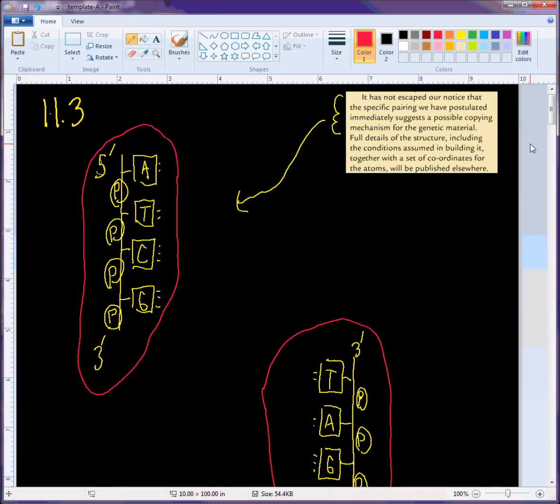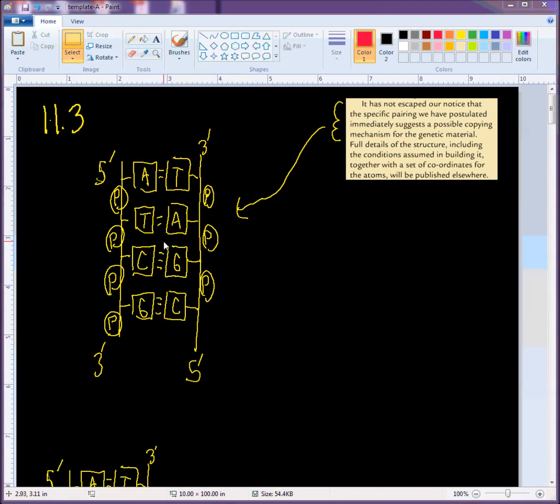So this was very exciting. Now scientists want to figure out exactly how the DNA is replicated, assuming we're just going to split these strands here, and each strand is going to serve as the template for making a new strand.